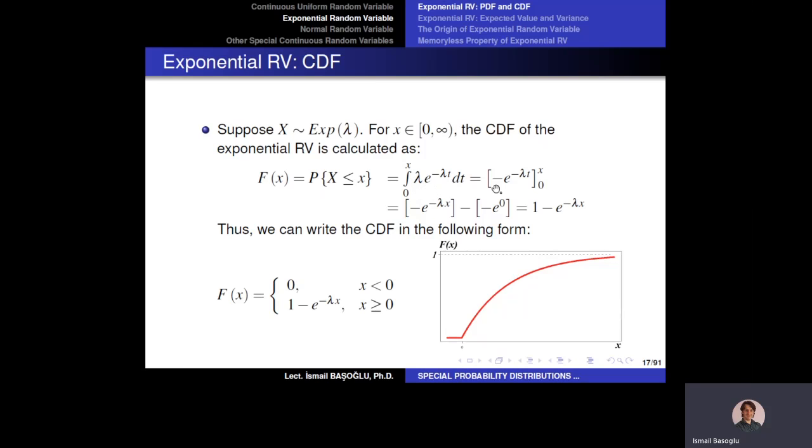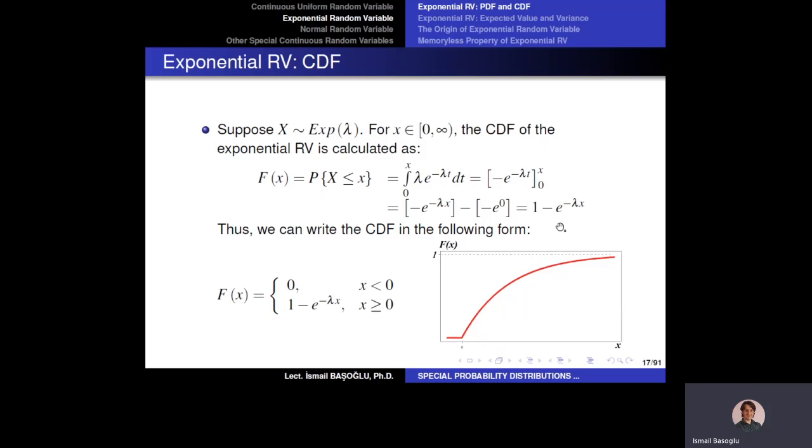And if you calculate this integral again, you are going to get a minus e to the power minus lambda t, and plugging in values of 0 and x, respectively, x here and 0 here, you are going to get 1 minus e to the power minus lambda x. So this means what?